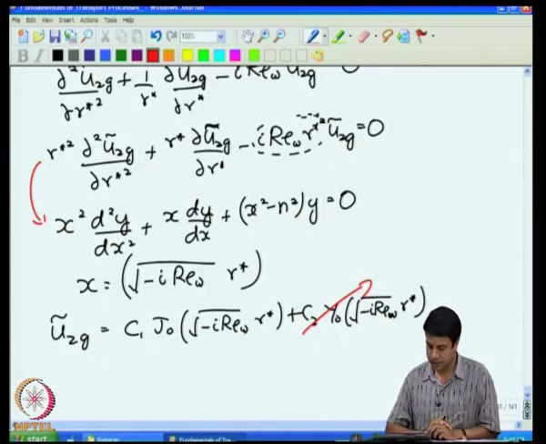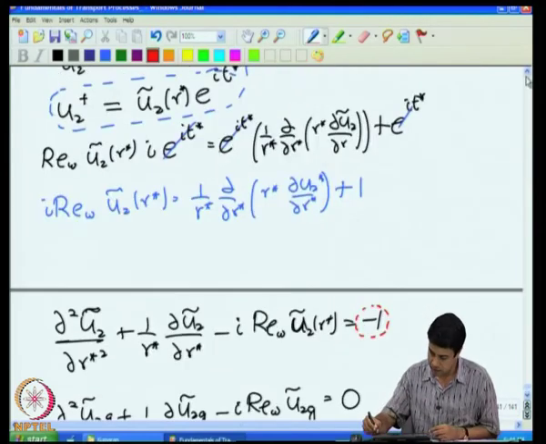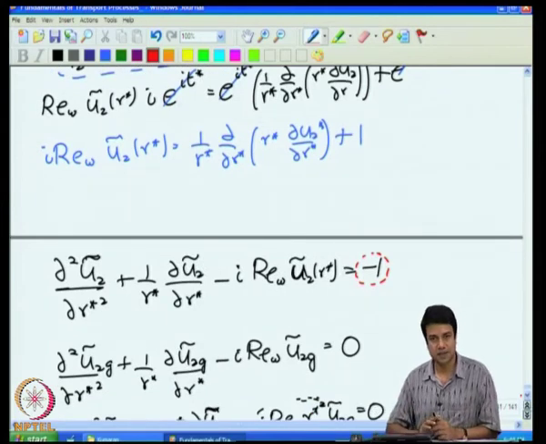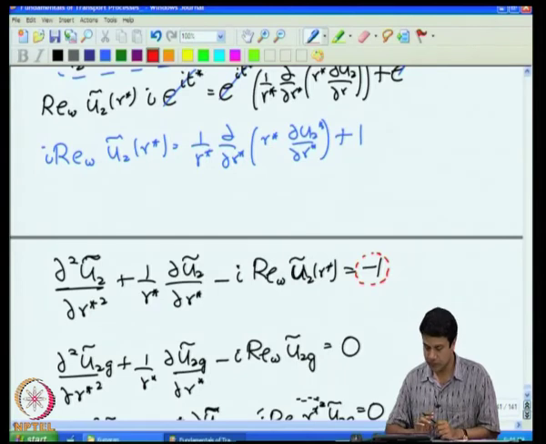How about the particular integral? The particular integral is any one solution that satisfies the complete inhomogeneous equation. So, it is easiest to choose the simplest possible solution, and in this case that is just a constant.